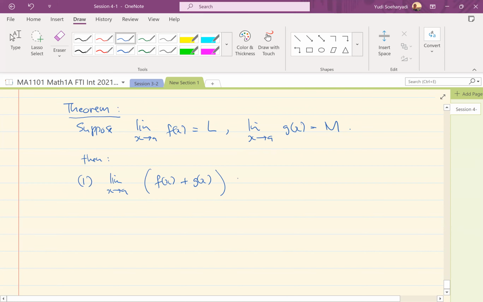The sum is L plus M. So here you compute the sum first and take the limit. In order to do this, you compute the limit first: compute L, compute M, and then sum. So sum then limit is the same as limit then sum. But that's the same as subtraction.